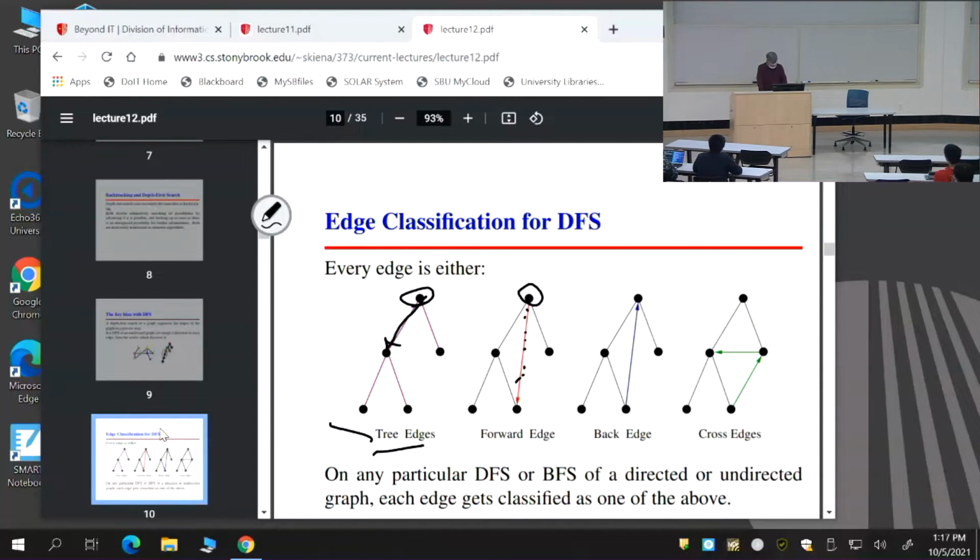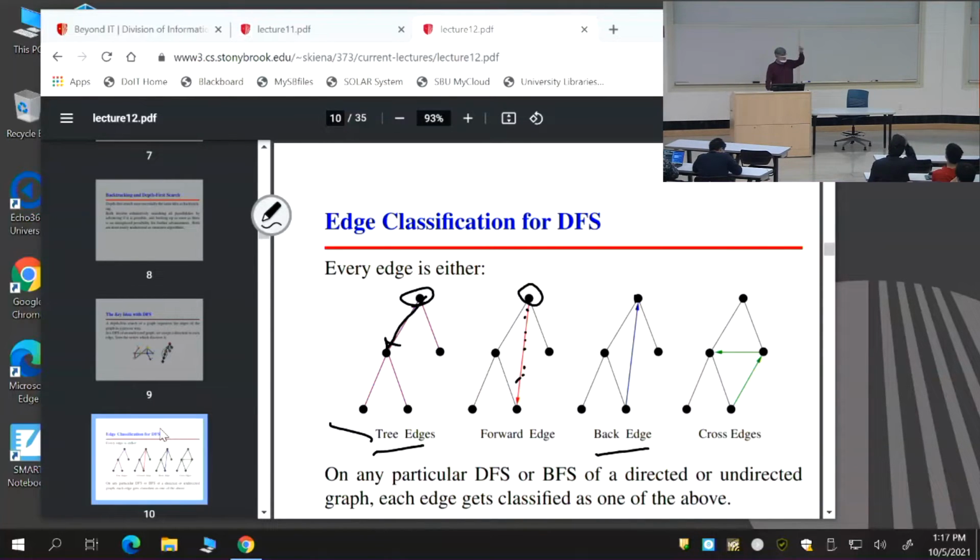If an edge goes to an ancestor, that's something we call a back edge. And if it goes to somebody that's not an ancestor or descendant, or involved with discovery, we call that a cross edge. Okay? So the important thing here is to realize that Depth-First Search is a property.